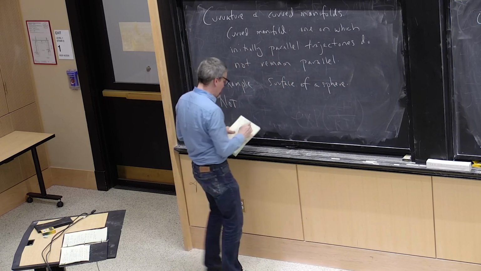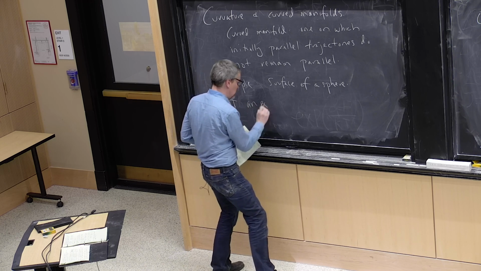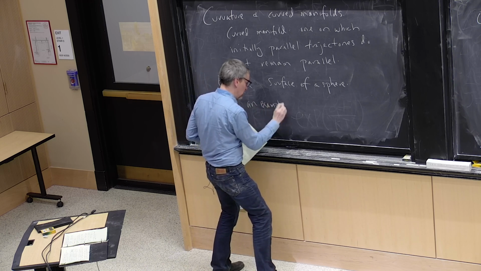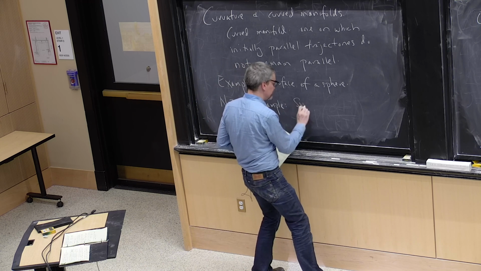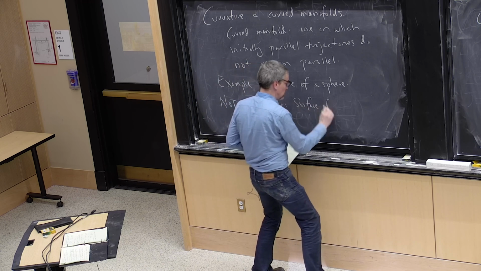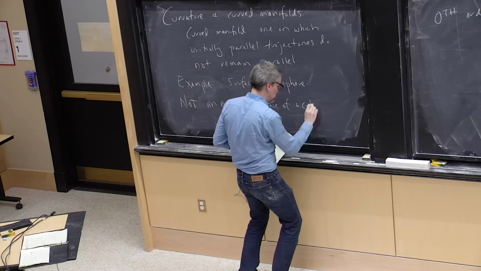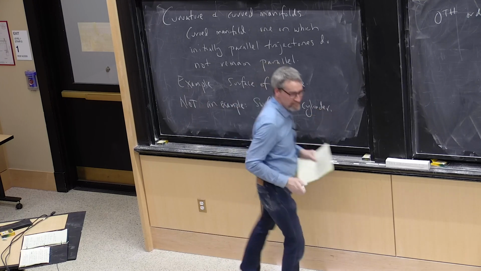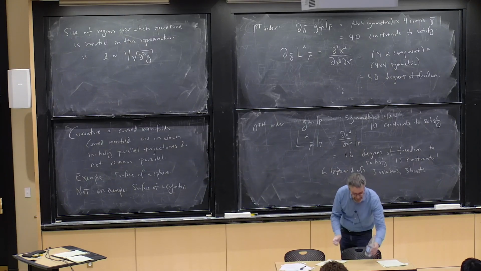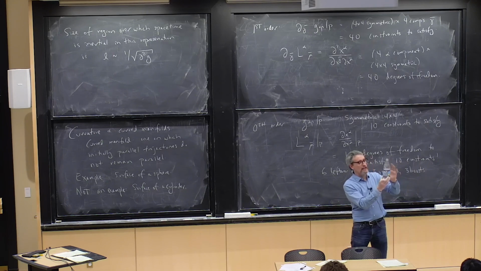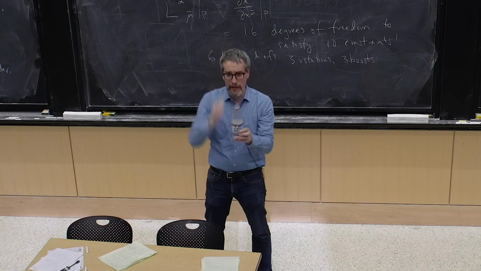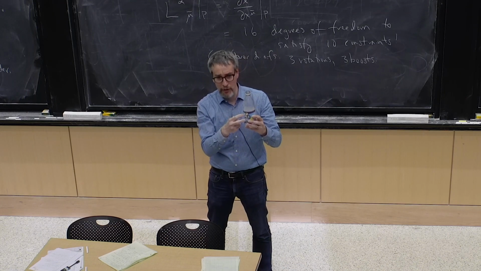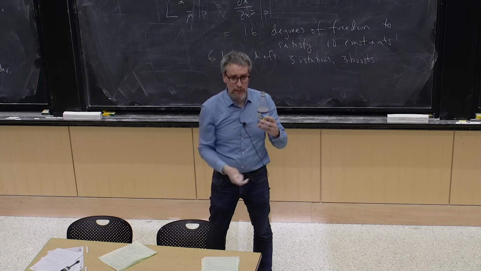Interestingly, an example that looks curved but is not: the surface of a cylinder. Okay, if I take two lines, I'm going to need to imagine that this sort of region continues all the way up here. I make two lines that are parallel to each other here, and I have them extend around this thing.